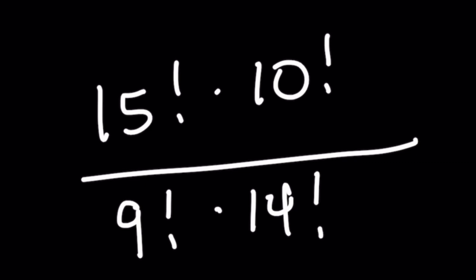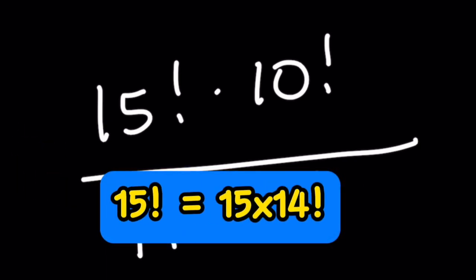If you were to expand each and every one of those terms out, they both would have 14 times 13 times 12 times 11 all the way down in their expressions, right? So in other words, 14 factorial is actually part of 15 factorial as well, because using the trick I showed you above, 15 factorial can be rewritten as 15 times 14 factorial.